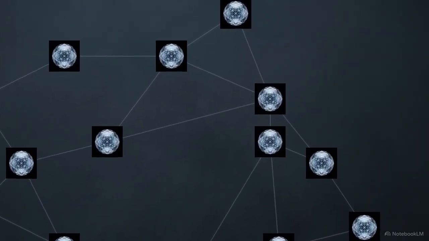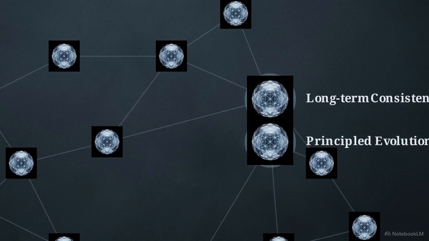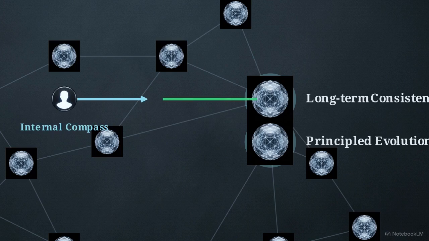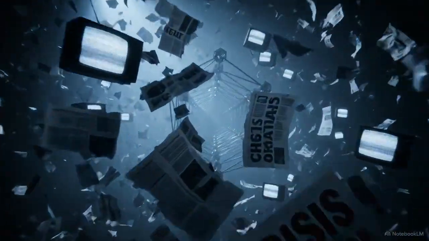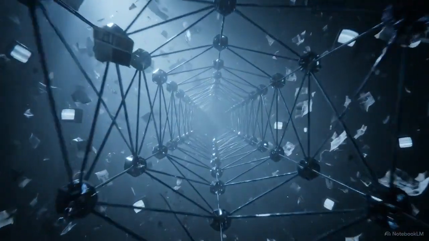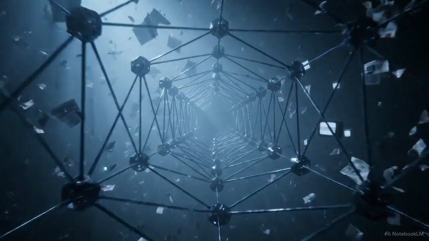It surfaces contextual vectors, isolating specific traits like long-term consistency or principled evolution. This creates a direct bridge between your own internal compass, say your value for community resilience, and a politician's actual legislative record. Translating all that political static into relatable geometric vectors gives voters a clear, direct path through the noise.